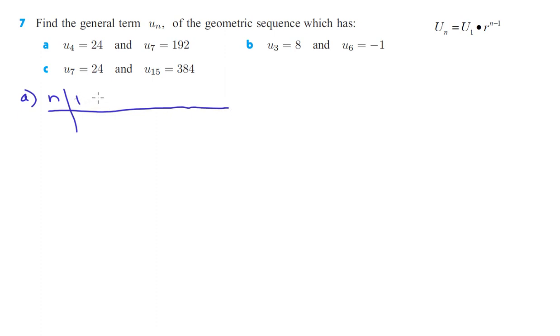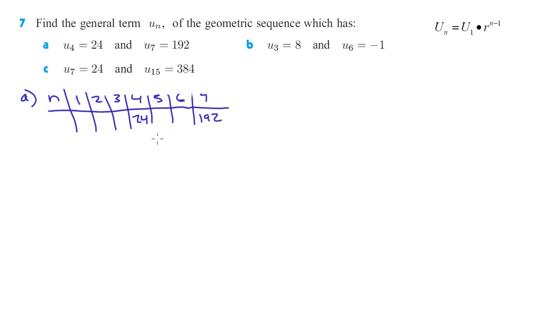So we've got 1, 2, 3, 4, 5, 6, and 7. We want to get up to the highest number there. All right, so we make our little table here, and we know that the 4th term is 24. We know that the 7th term is 192.